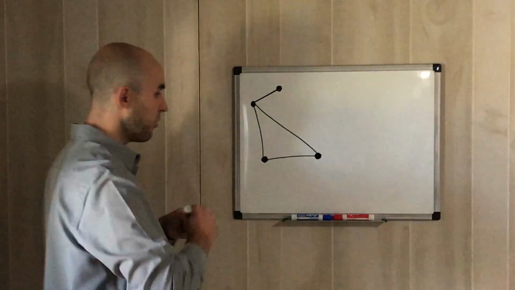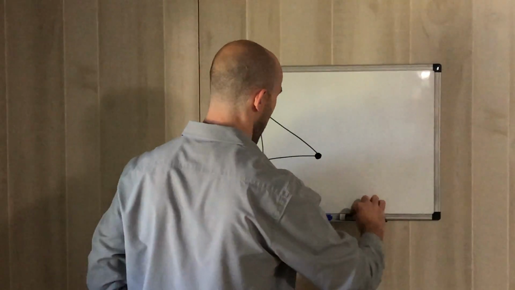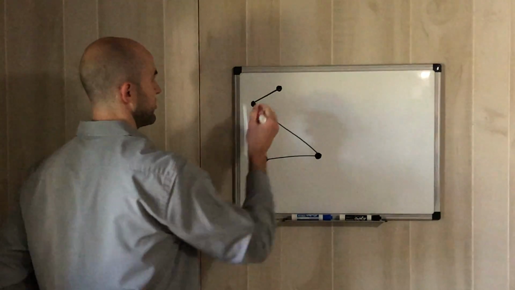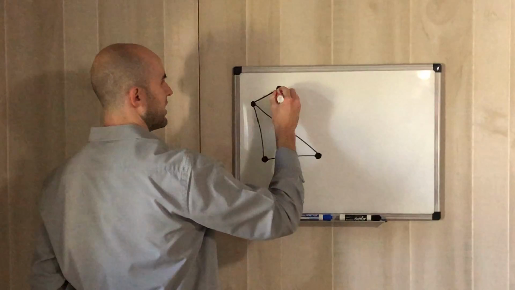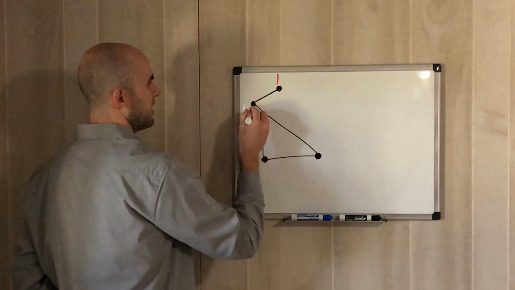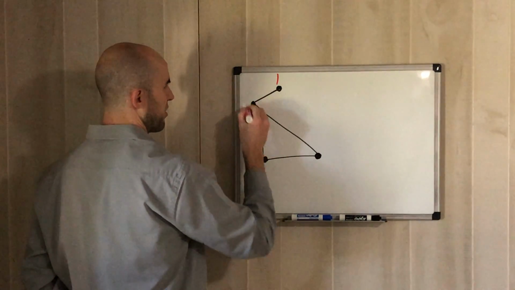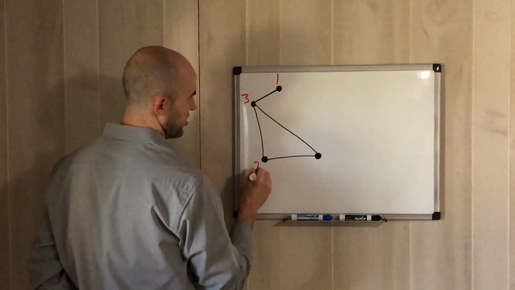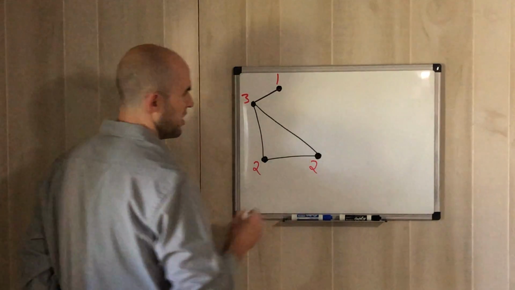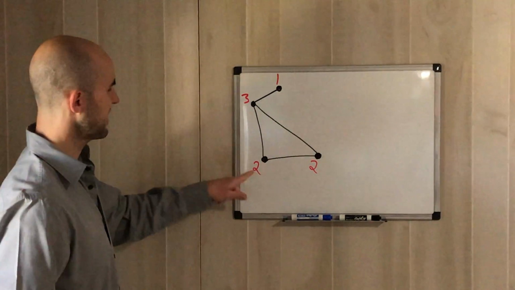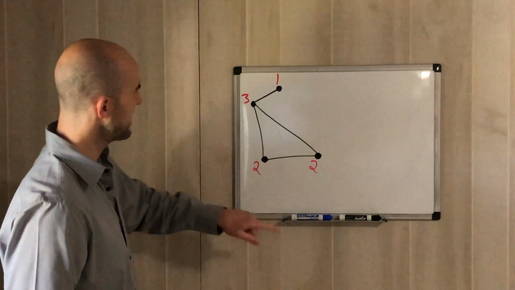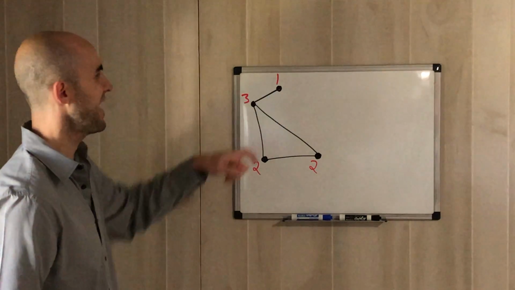Remember, you have to check the degrees first. From this point, that has a degree of 1. This one here has 1, 2, 3. This one has 2. This one has 2. So automatically, that's an even number, that's an even number, but that's an odd and that's an odd.